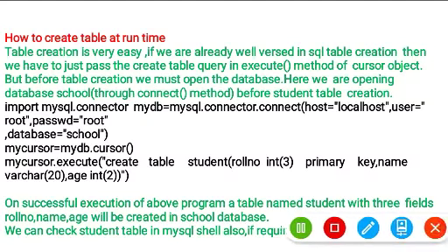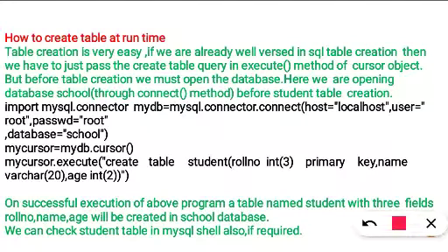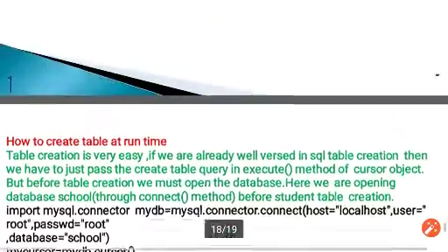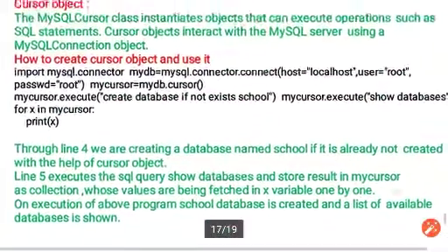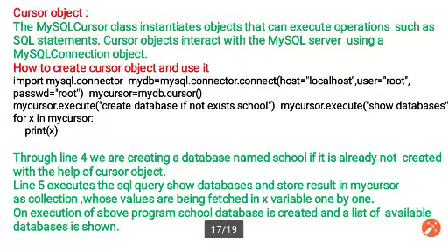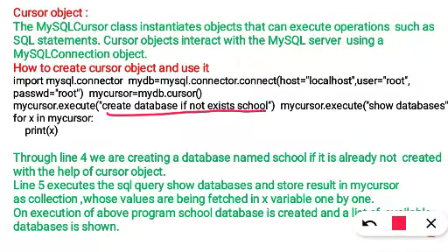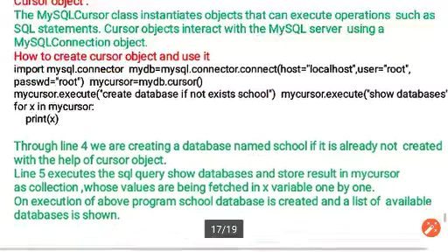You will ask how my table will be created inside the school database. Because we have written database is equal to school, and just a few minutes back we created the school database inside our SQL with this query. Clear? I hope now you can do it.